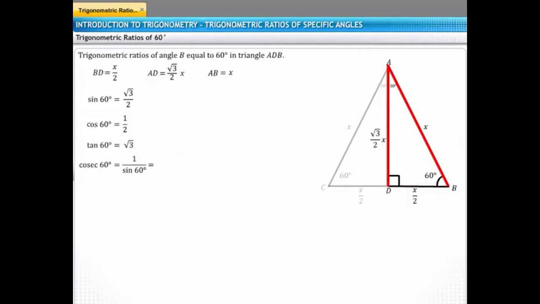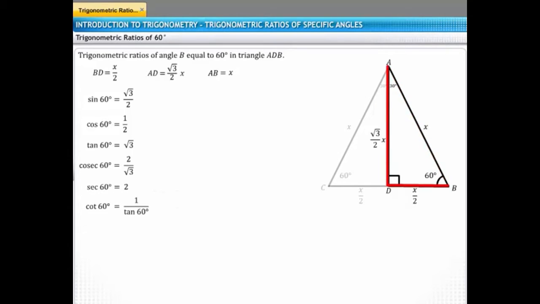Cosec 60 degrees is equal to the reciprocal of sin 60 degrees. Thus, cosec 60 degrees is equal to 2 by root 3. Sec 60 degrees is equal to the reciprocal of cos 60 degrees. Thus, sec 60 degrees is equal to 2.